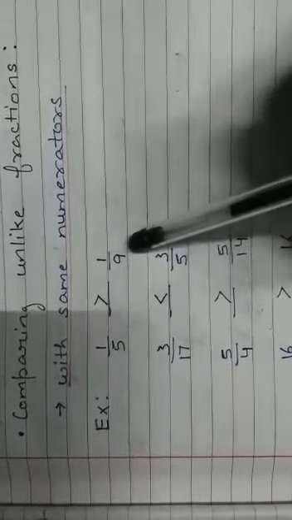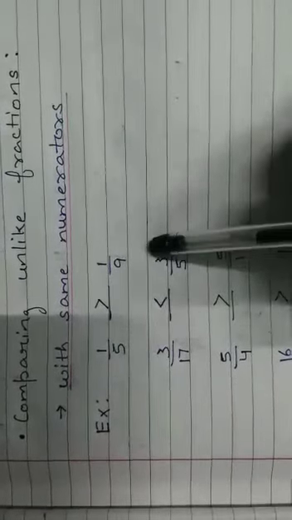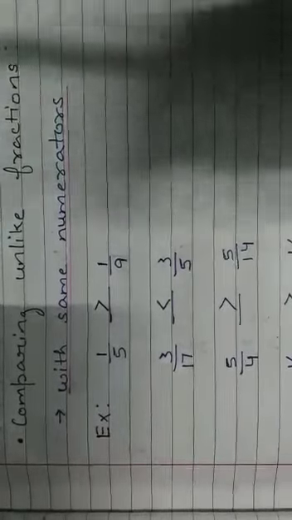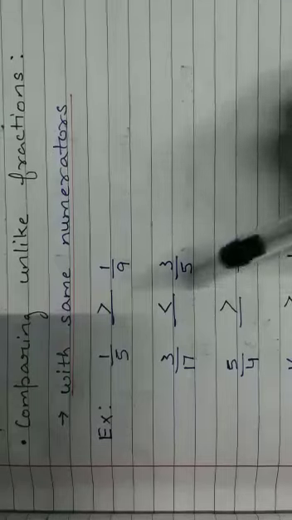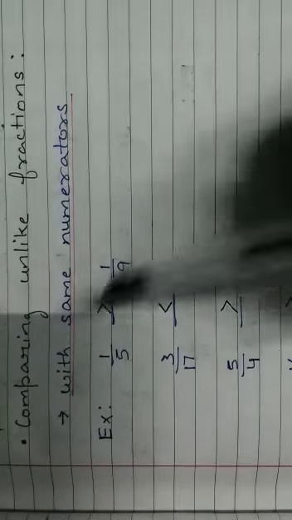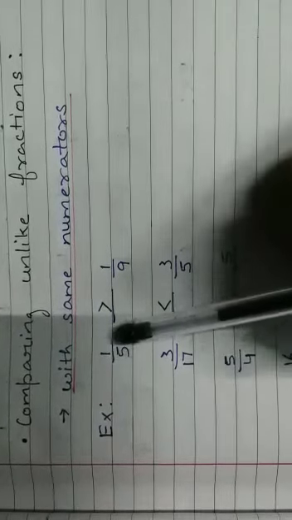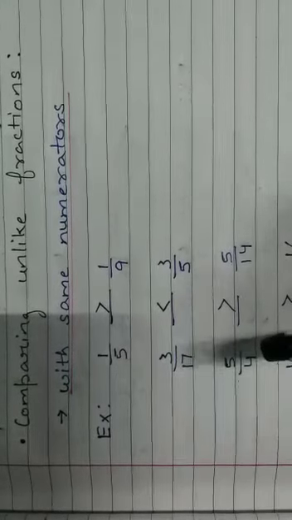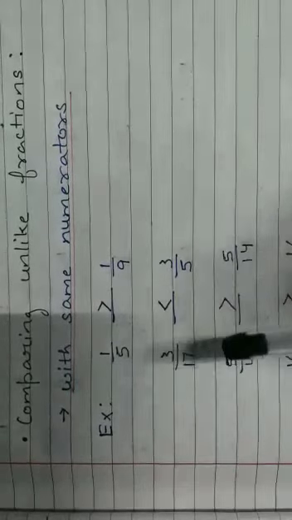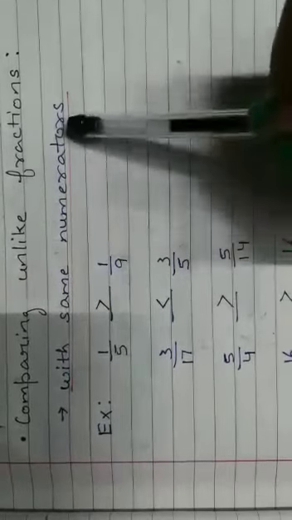So here we have 1 upon 5 and 1 upon 9, right? And they are unlike. So we have to observe the denominators. And in this we have a different rule. The fraction with the smaller denominator will be greater. Okay. The fraction with the smaller denominator will be greater in case of unlike fractions with the same numerator.